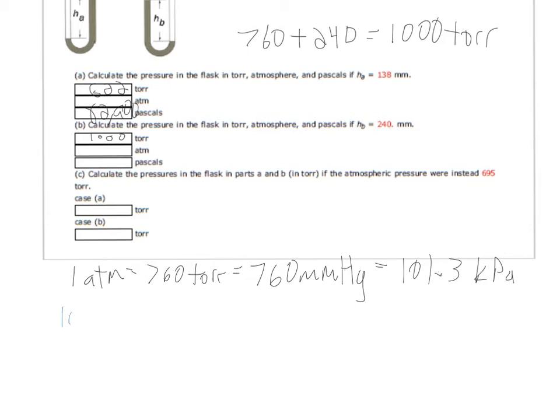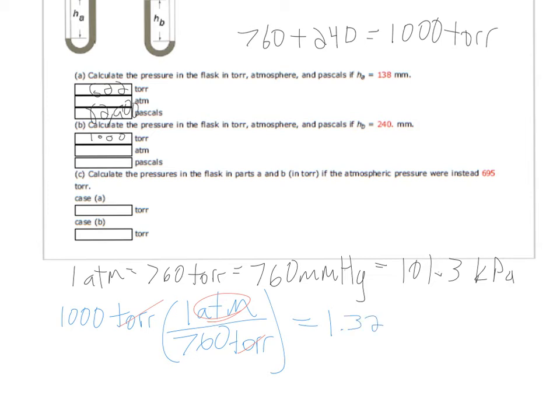So let's start with torr to atmosphere. We'll write a conversion factor with torr in the denominator and atmospheres in the numerator, so that torr crosses out and atmospheres is what we're left with, and we arrive at 1.32.